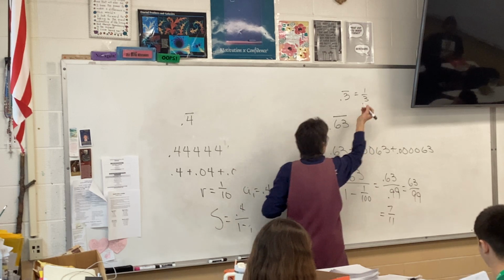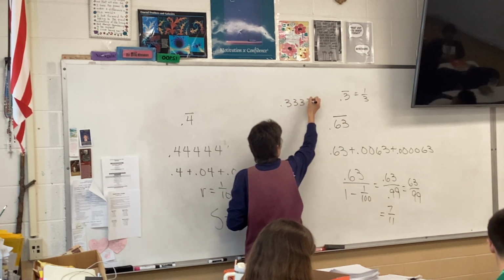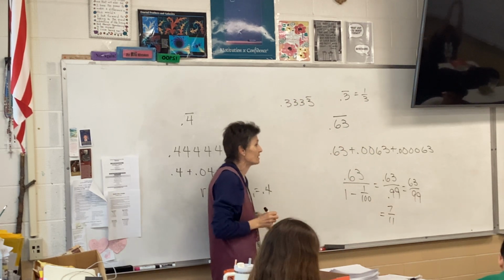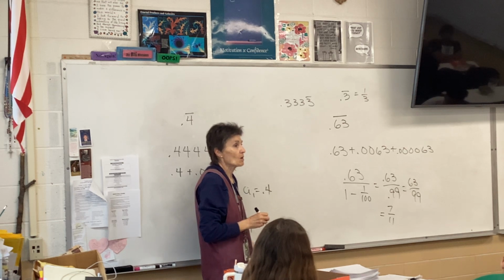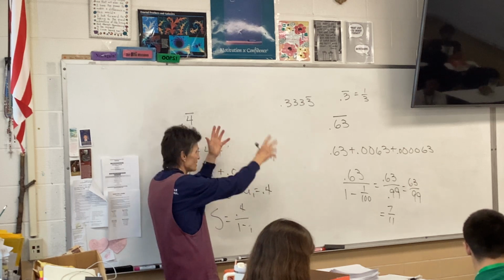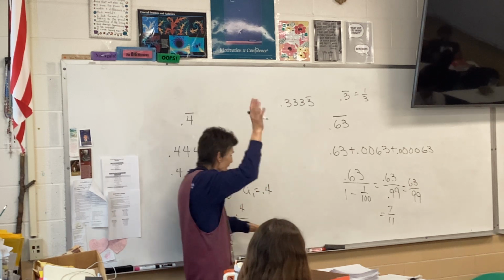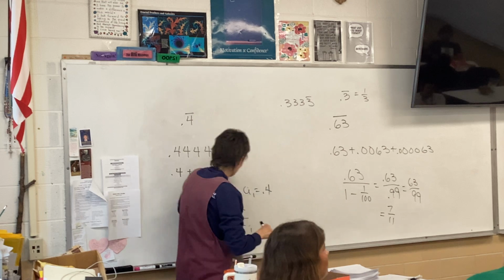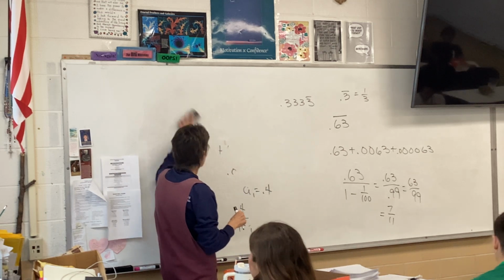So you probably already knew that. When you get 0.3333, you know that is 1/3. So of course, being a good math teacher, I'm explaining all this, and this really smart girl says, wait, Mrs. Ford, wait.